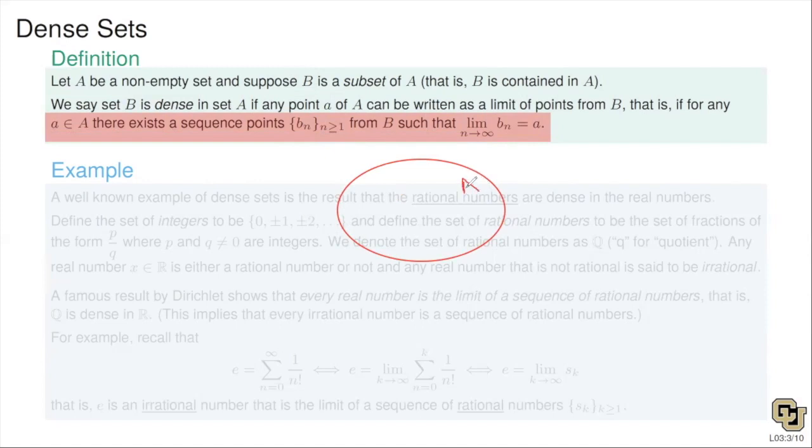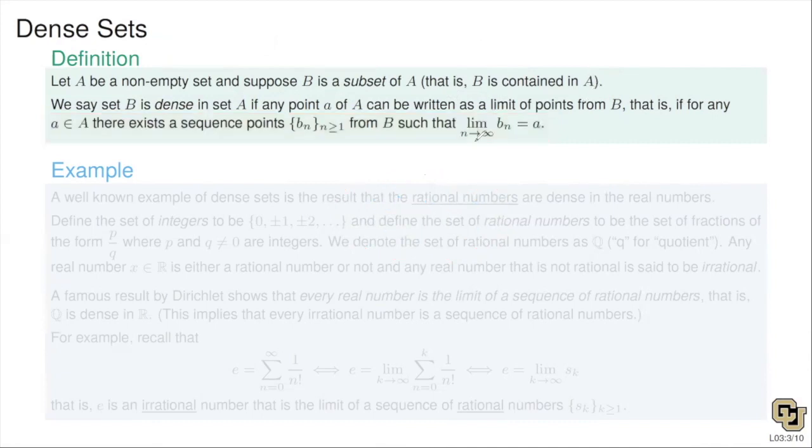If this is the set A, then when I think about B being dense, if I try to think of a picture, these little tiny blue dots make up set B, and they're all over A. Now if I pick a point here in A, I can find a sequence only involving points in B that will converge to that point in A. And this is for any point in A. So in a weird way, the set B is evenly distributed throughout the set A, in that any point in A can be seen as a limit of points from B.